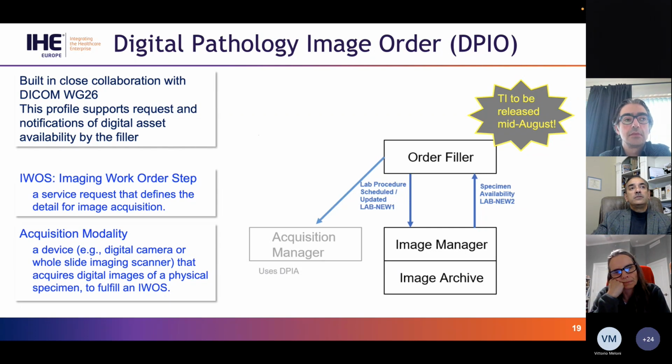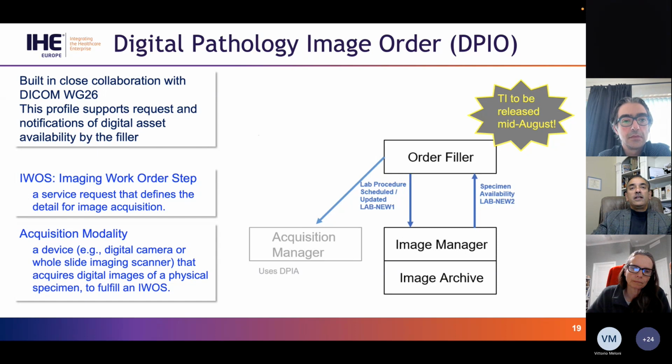We want to be able to support the different workflows that you as vendors want to provide your customers in your product. And I think we've already explained that our acquisition modality is really our scanning device, and then we break down a single request into imaging work order steps that define the details for image acquisition.